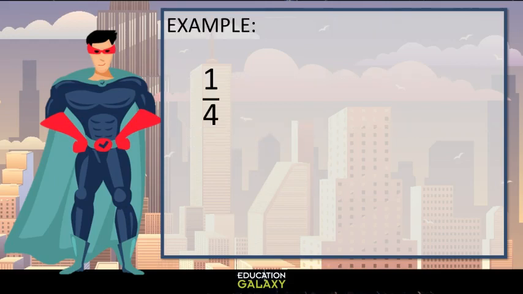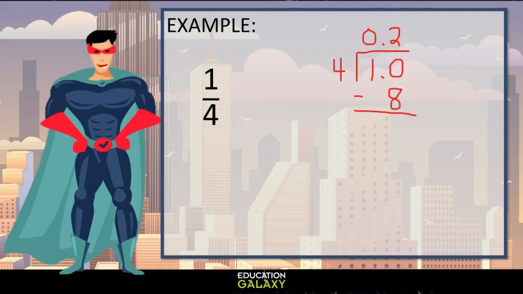Let's say you have the evil 1/4 and you need to zap him into a decimal. Well, we need to divide 1 by 4. Using long division, we know that 4 doesn't go into 1, so we put a 0, insert a decimal, and place 0 as a place value holder. Now, 4 goes into 10 twice, but 4 times 2 is 8.